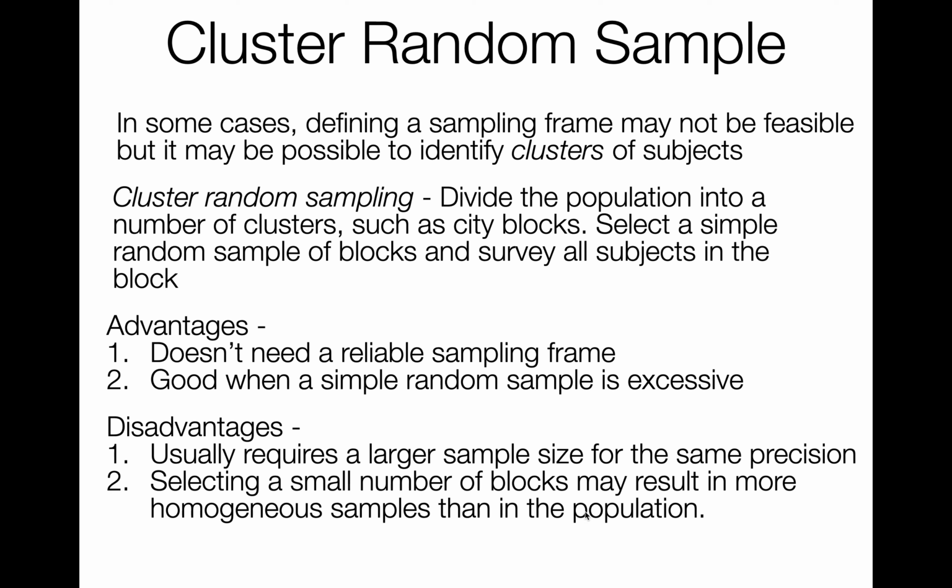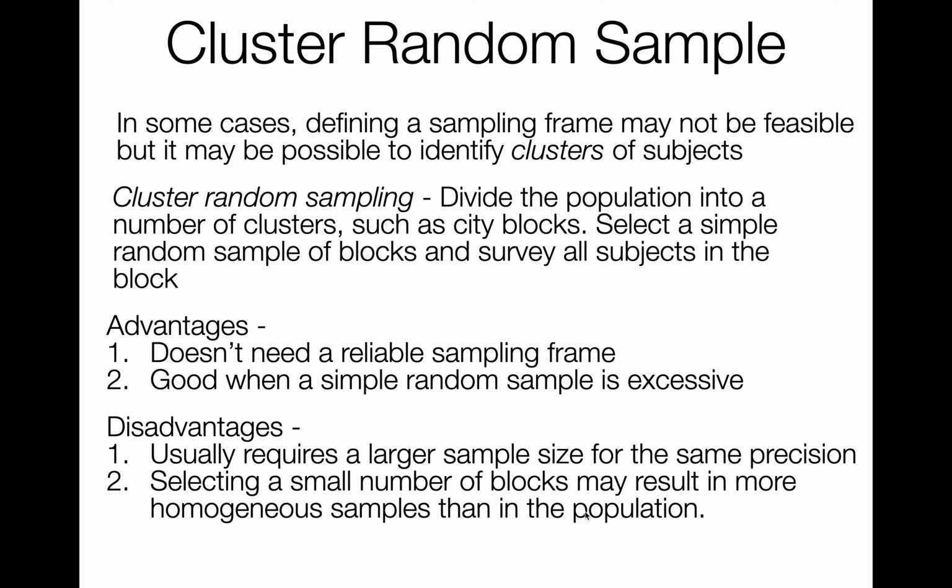So, for instance, in that city block example, if I'm interested in everyone in the city's opinion about something, but I only randomly sample 3 blocks, it's very likely that the people in those blocks are going to have similar opinions about this.